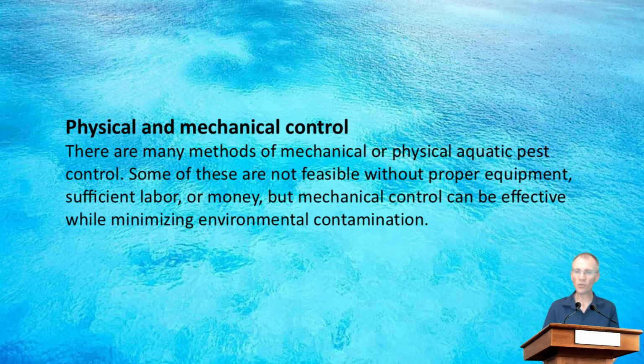Physical and mechanical control. There are many methods of mechanical and physical aquatic pest control. Some of these are not feasible without proper equipment, sufficient labor, or money, but mechanical control can be effective while minimizing environmental contamination.